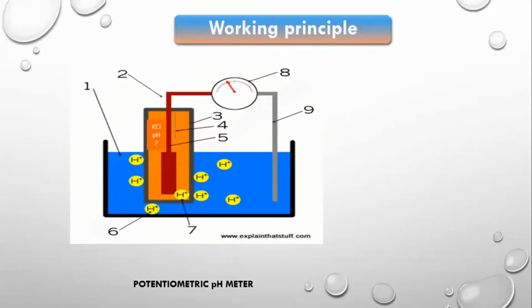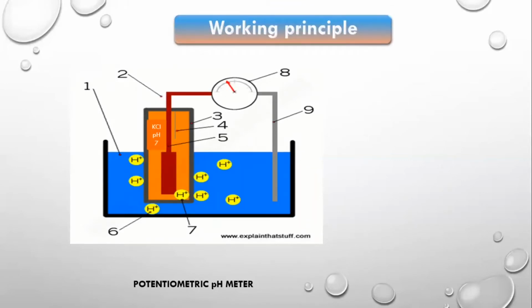A pH meter measures the difference in electrical potential between a glass electrode and a reference electrode, and so the pH meter is sometimes referred to as a potentiometric pH meter. The difference in electrical potential relates to the acidity or pH of a solution.